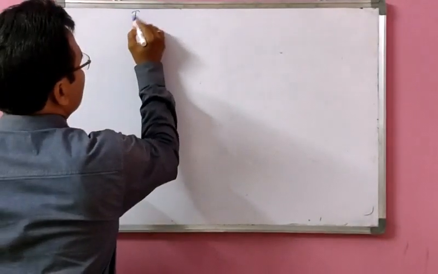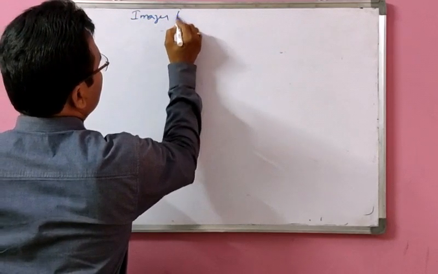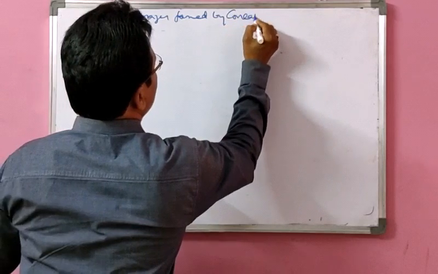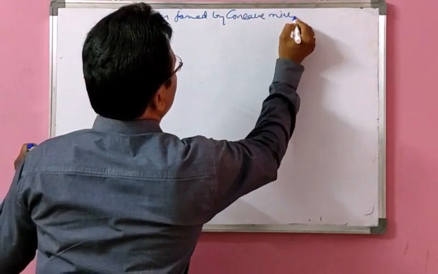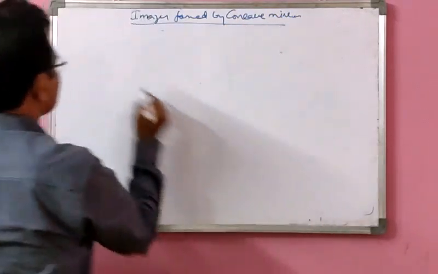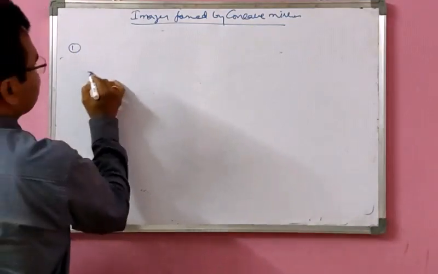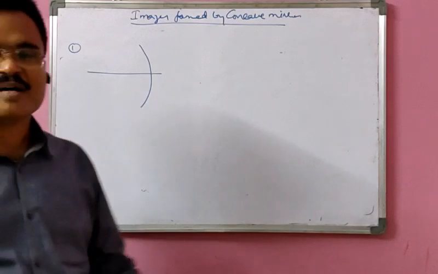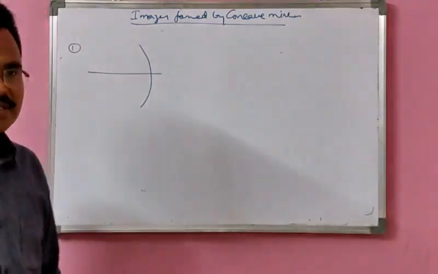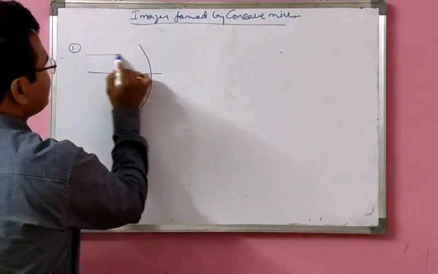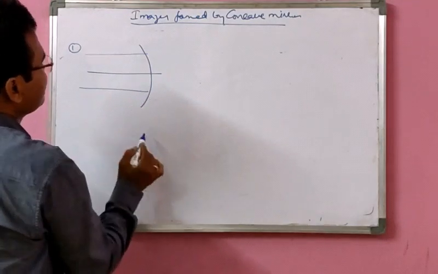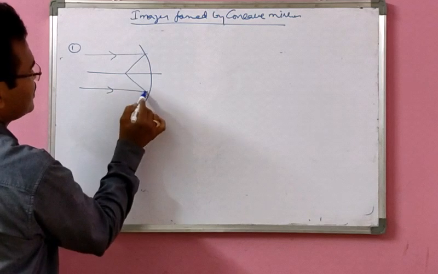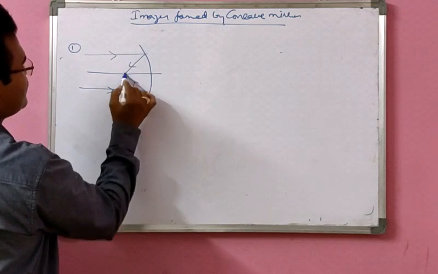Next, image formed by a concave mirror. First one: the object is at infinity. If the object is at infinity, the rays come parallel, and after reflecting they converge at a point which is the focus.